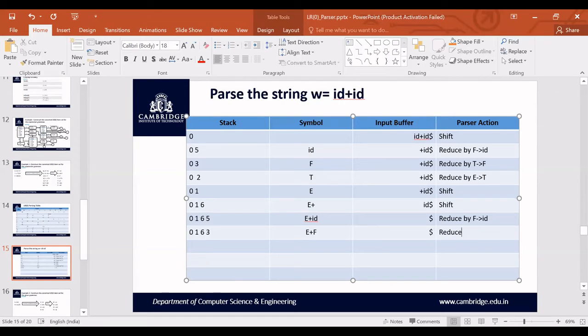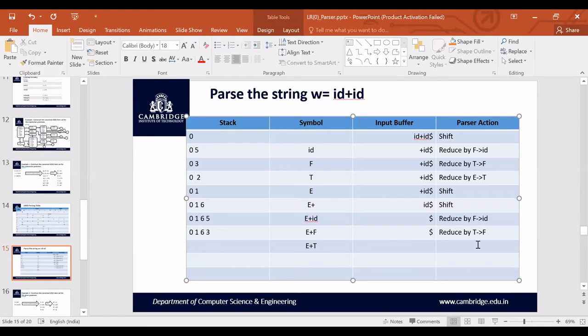Reduce by T derives F. Okay. So write the reduction here. F you are replacing or reducing to T. Fine. F is reduced or replaced by T.